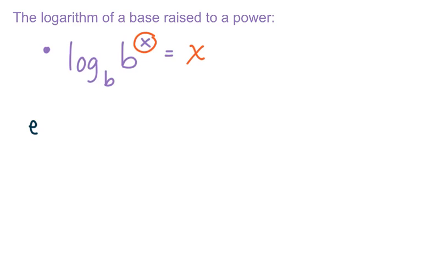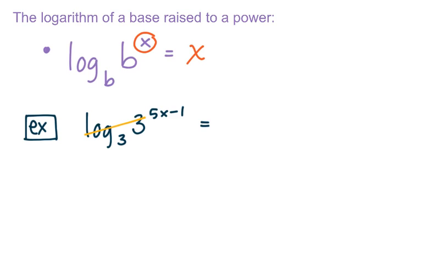So an example using this, log base 3 of 3 to the 5x minus 1. Since my bases are the same, we can essentially cancel them and just bring the exponent down, 5x minus 1.